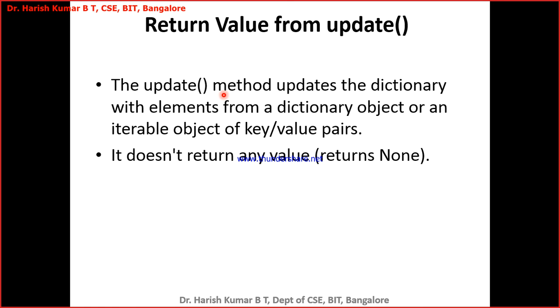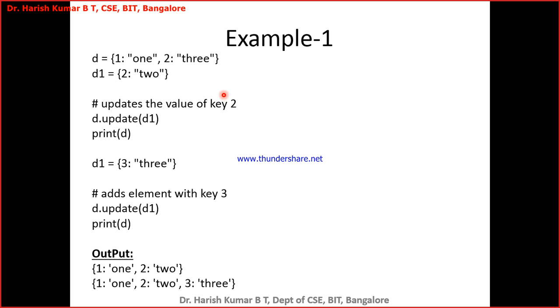Now I have an example here. Say this is my dictionary. D is one dictionary where I have two key value pairs. One is the key 1 and its value is 1 in words; since it's a string, it is written inside double quotes.